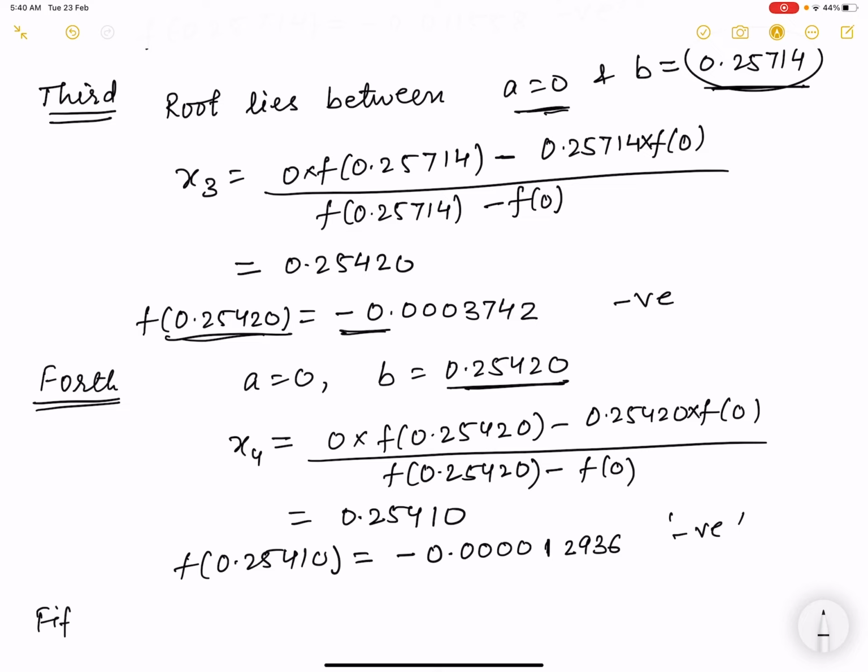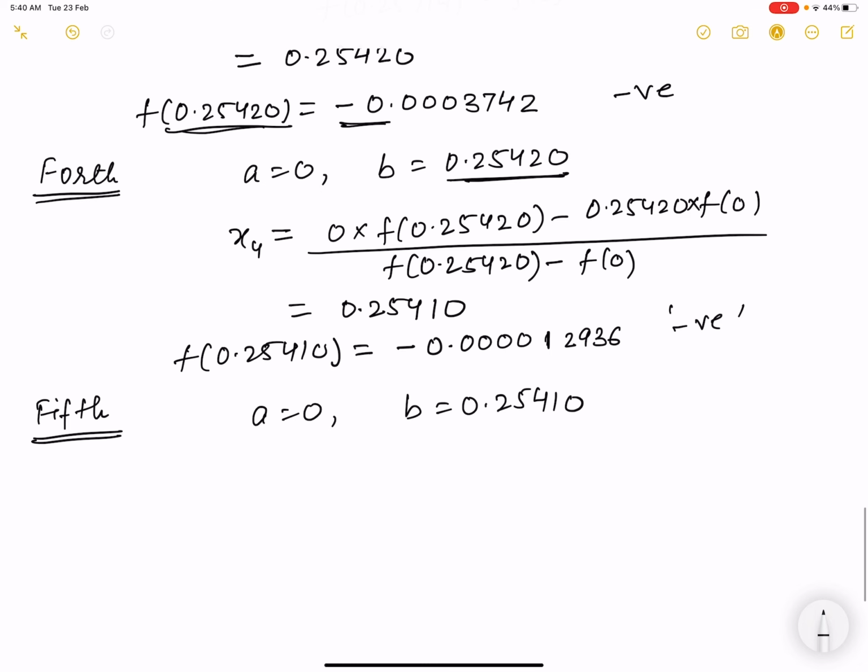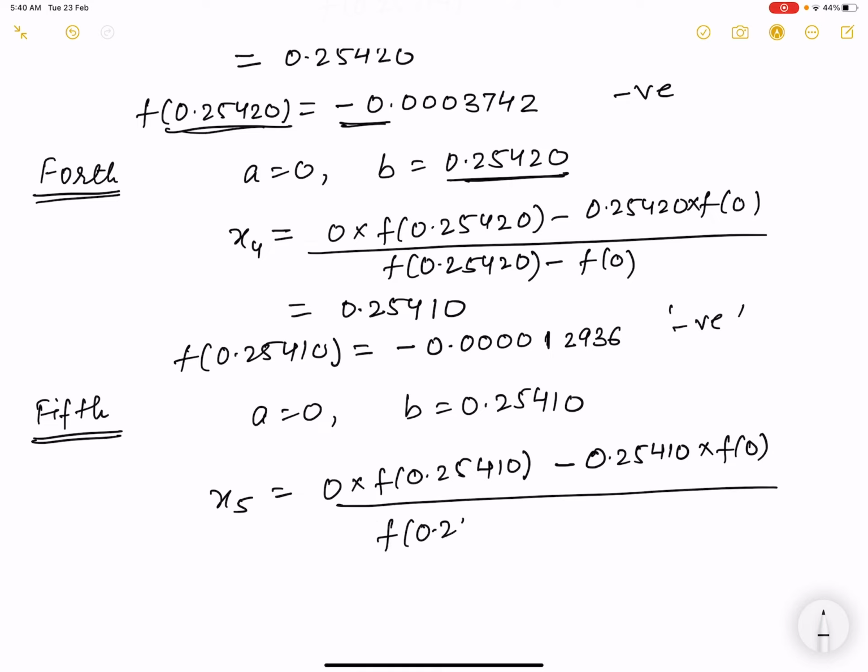So in the fifth iteration, what will we do? Our A remains the same and B again changes to 0.25410. When this changes, now we'll find the value of x5. Doing the same way, 0 times f(0.25410) minus 0.25410 multiplied by f(0), and then f(0.25410) minus f(0).